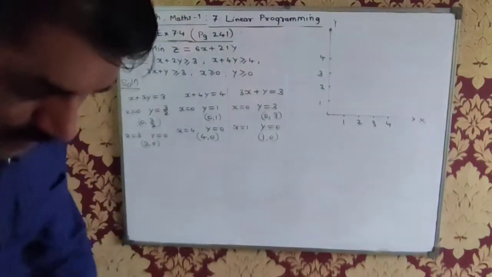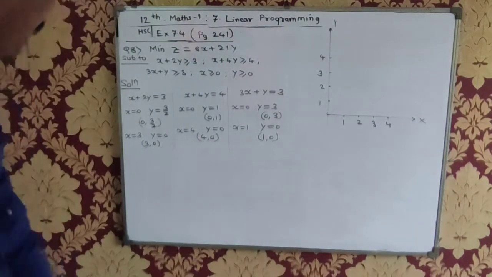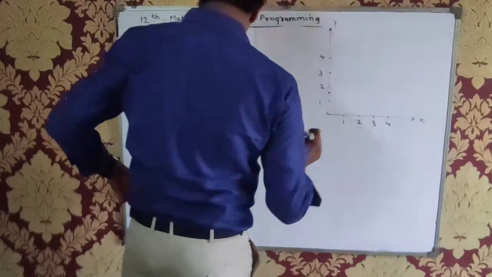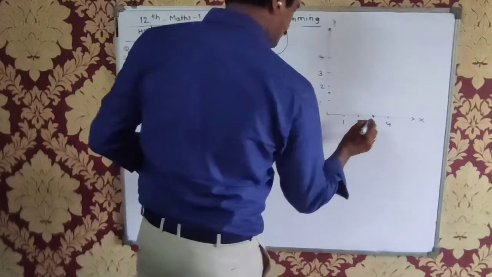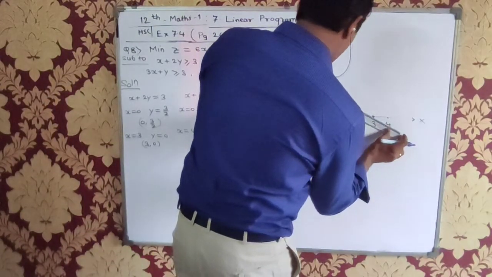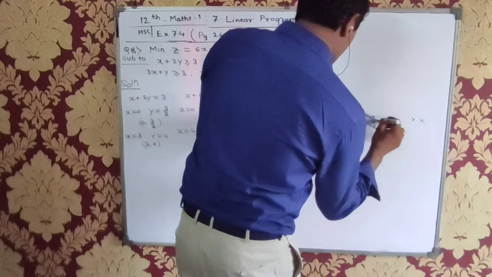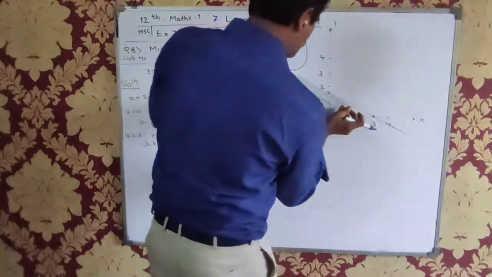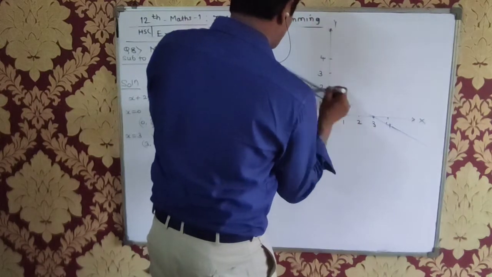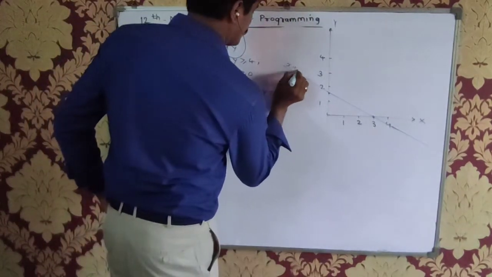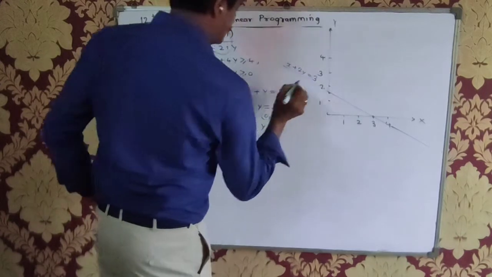Let us plot the first line, 0 comma 3 by 2 and 3 comma 0. So it is this line, x plus 2y is equal to 3. Take the origin test.